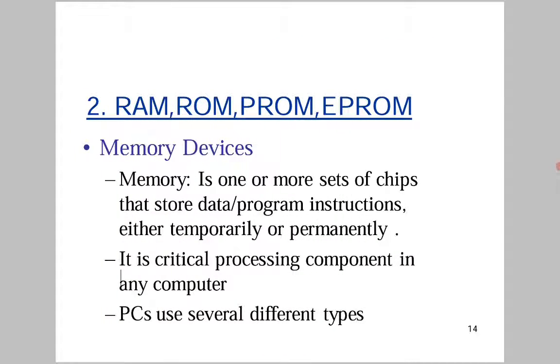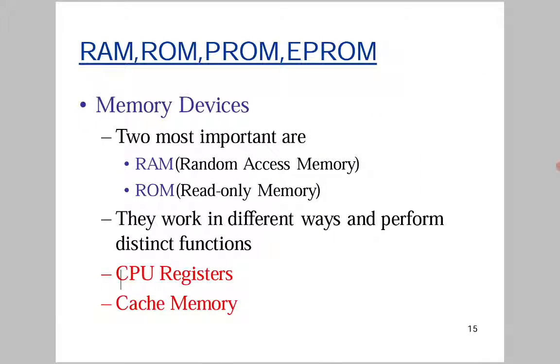Whenever the power is gone or you switch off the computer, the programs, instructions and everything will be erased automatically. So the two most important memory devices are RAM and ROM. RAM means random access memory, ROM means read-only memory.